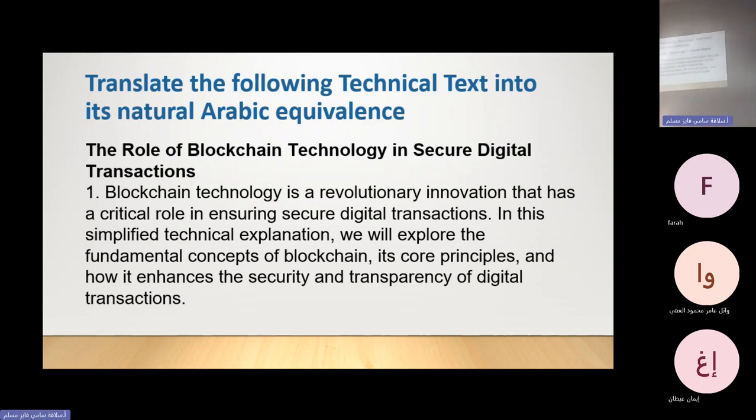شو مرادفات enhance في الإنجليزي؟ Improve, make it better. My English is so transparent, I can see through it.